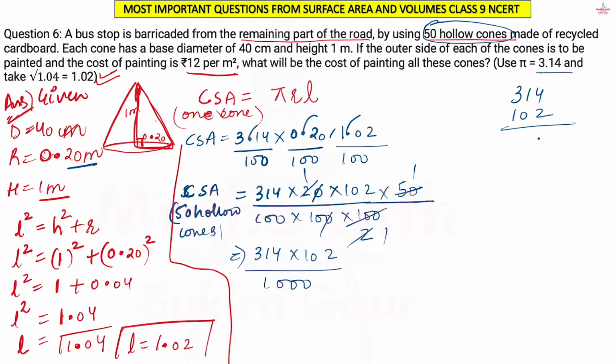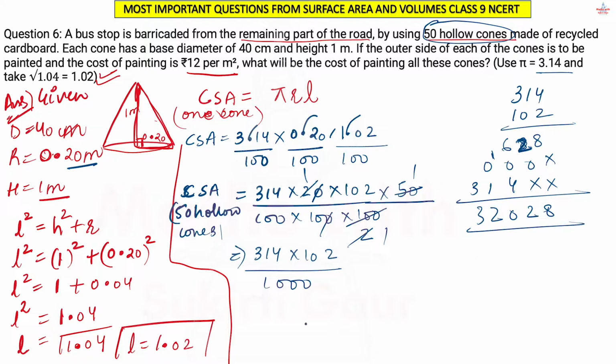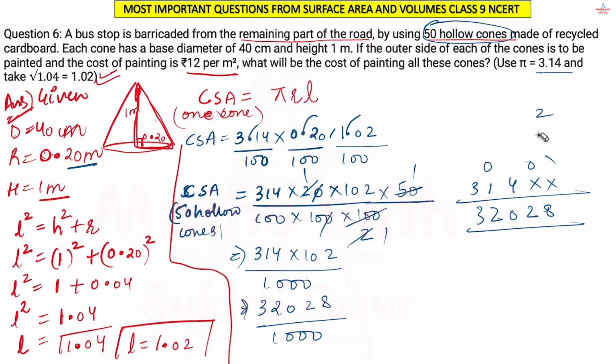Multiply it with this. 2 into 4 is 8, 2 into 1 is 2, and 2 into 3 is 6, 0, 0, 0. You know why. Now 1 into 4, 1 into 1, 1 into 3, 8, 2, 10, 2, 3, 2, 0, 2, 8, 3, 2, 0, 2, 8 we have got upon 1000, right?